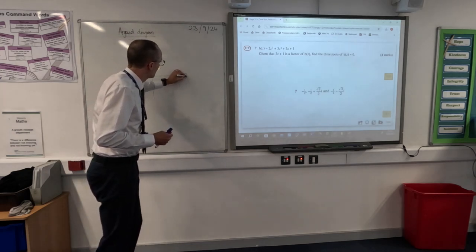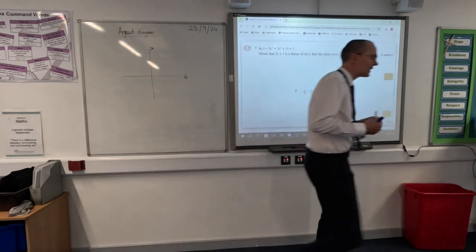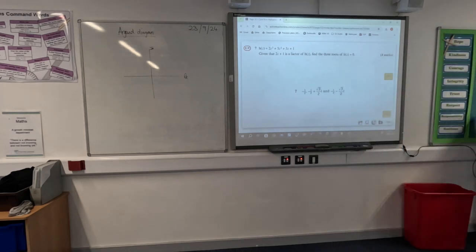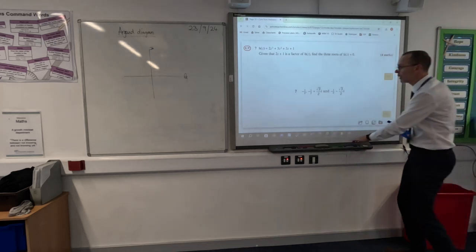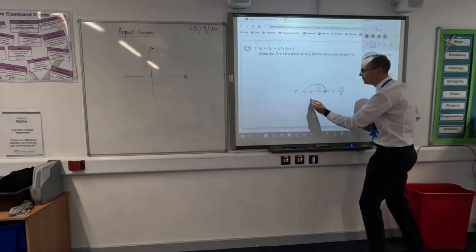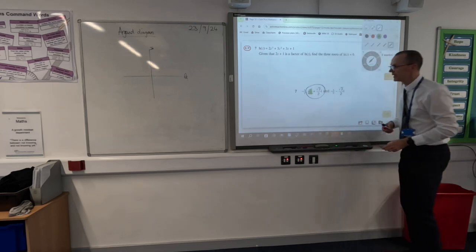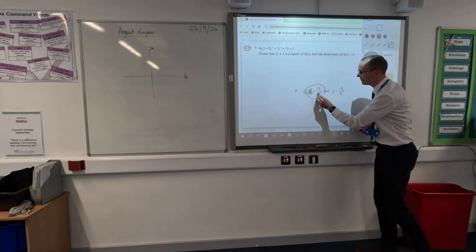So an Argand diagram, rather than having an x-axis and a y-axis, has a real axis and an imaginary axis. RE, real, IM, imaginary. And that's because a complex number is made up of a real part and an imaginary part.